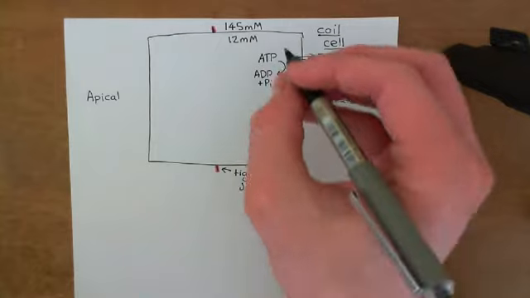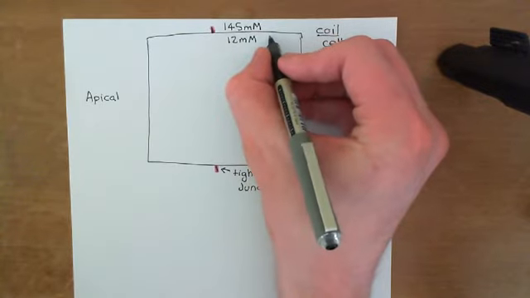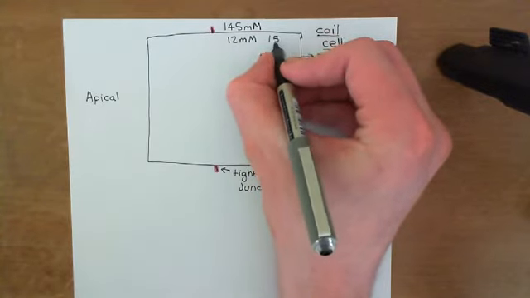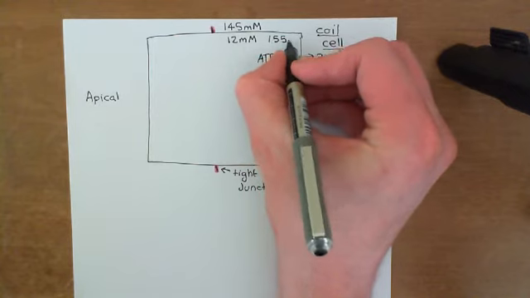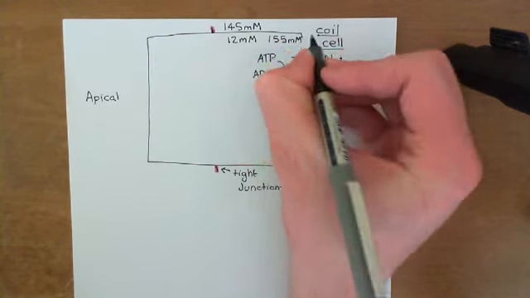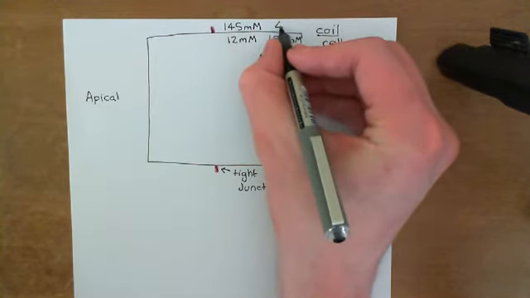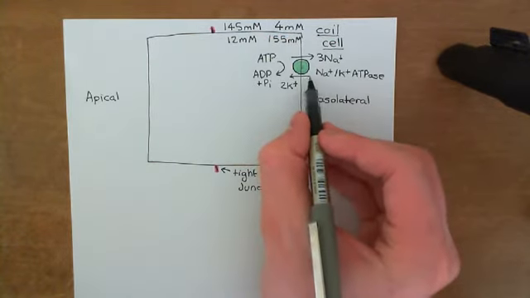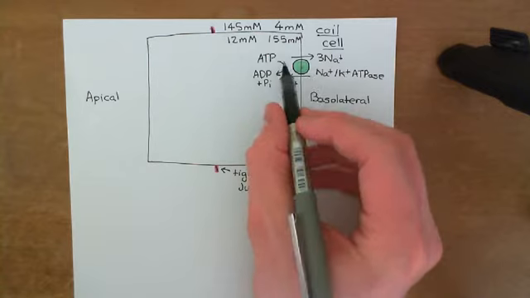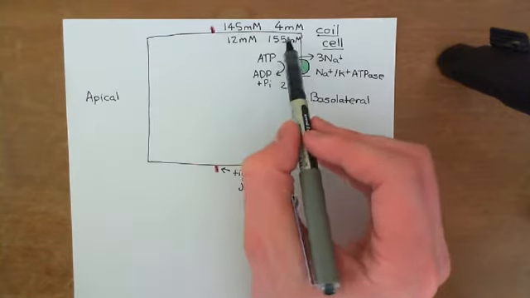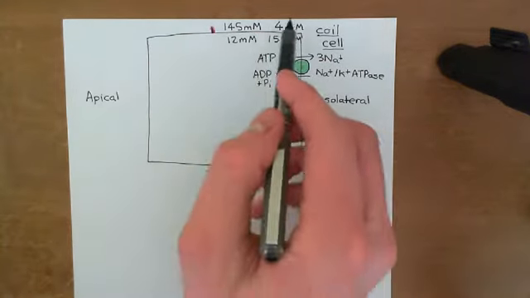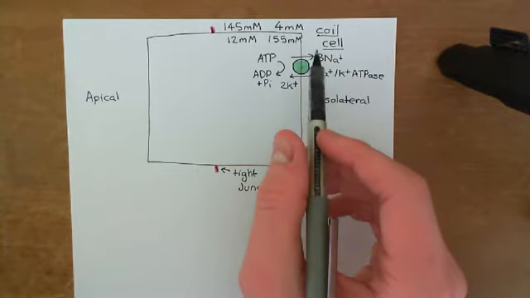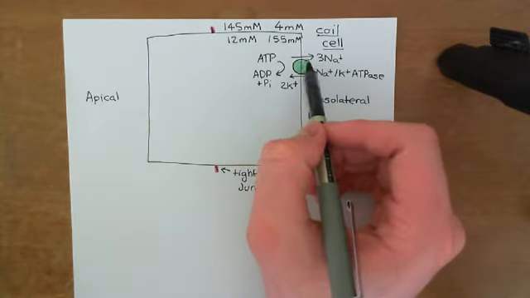So potassium then, what's the potassium gradient across the cell membrane? Well, it's generally around 155 millimolar in the cytoplasm of the cell and 4 millimolar extracellularly. That's because you're bringing potassium into the cell, so it's going to end up higher in the cell. Now you might be wondering, why on earth is the potassium gradient so much stronger than the sodium gradient?